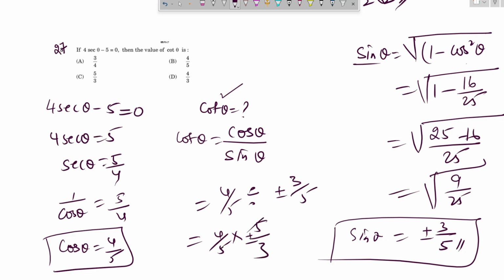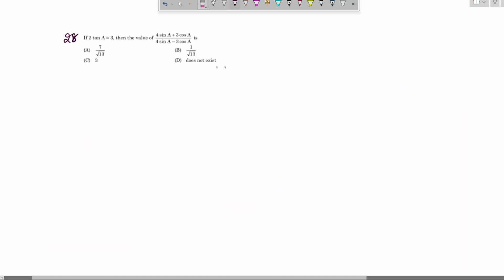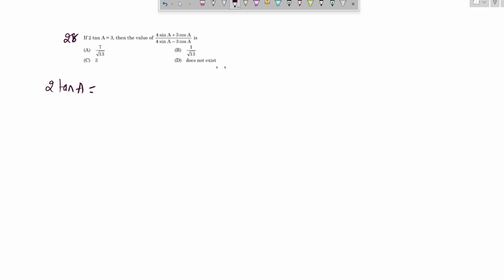The 5s get cancelled, you get plus or minus 4 by 3. So here the minus 4 by 3 option is not given, plus 4 by 3 option is given, which is B option.